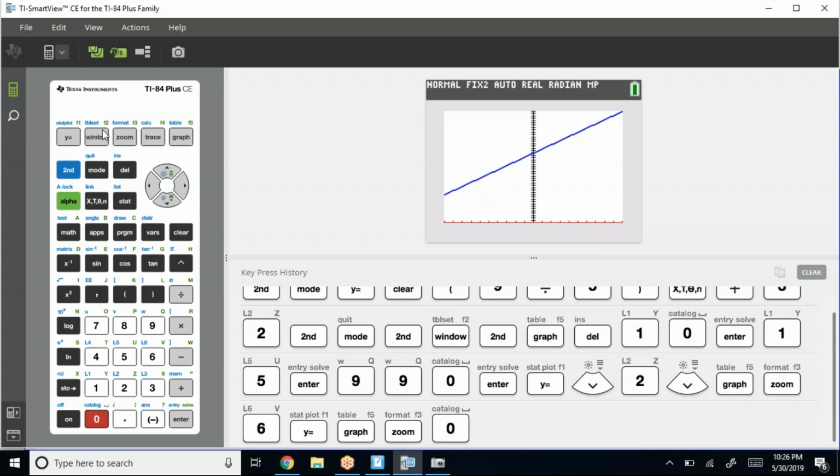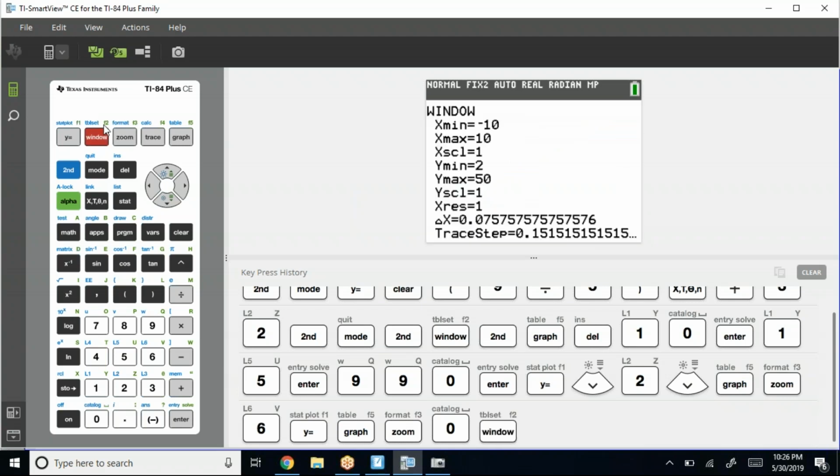So here's what I'm about to do. I'm going to hit my window, and for grins and giggles, set X min to -50. I'm not going to change my X max. I really don't care about changing my scale right now. I'm just going to move my left window limit out.